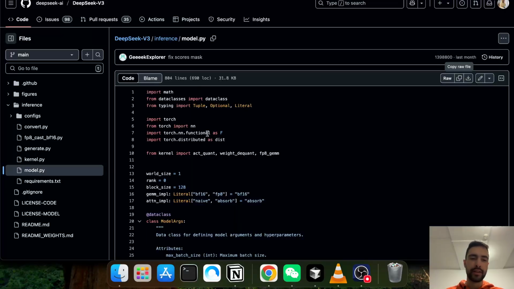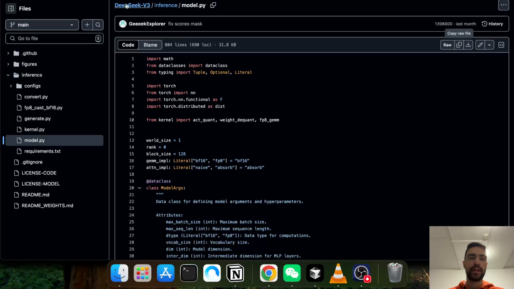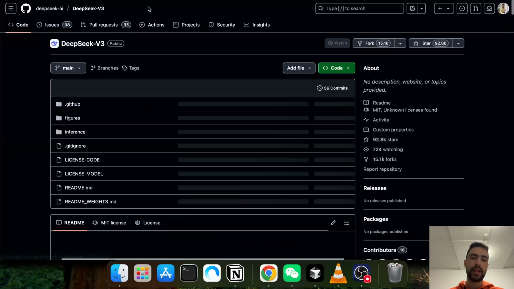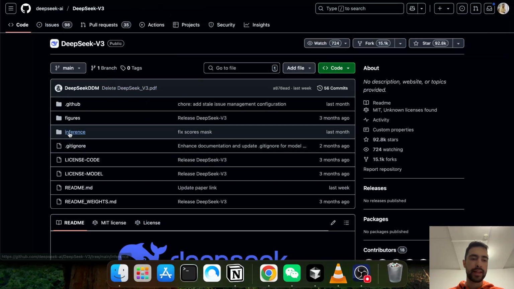Now let's code it. We will code together and I will explain each piece of the code. DeepSeek has published really good code on GitHub, here in DeepSeek V3, and then inference and model.py.